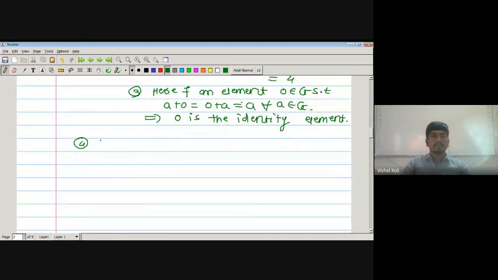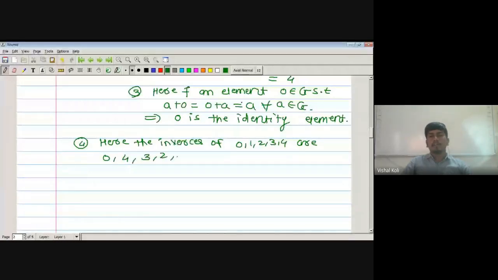Here, the inverses of 0, 1, 2, 3, 4 are: inverse of 0 is 0, inverse of 1 is 4, inverse of 2 is 3, inverse of 3 is 2, and inverse of 4 is 1 respectively.